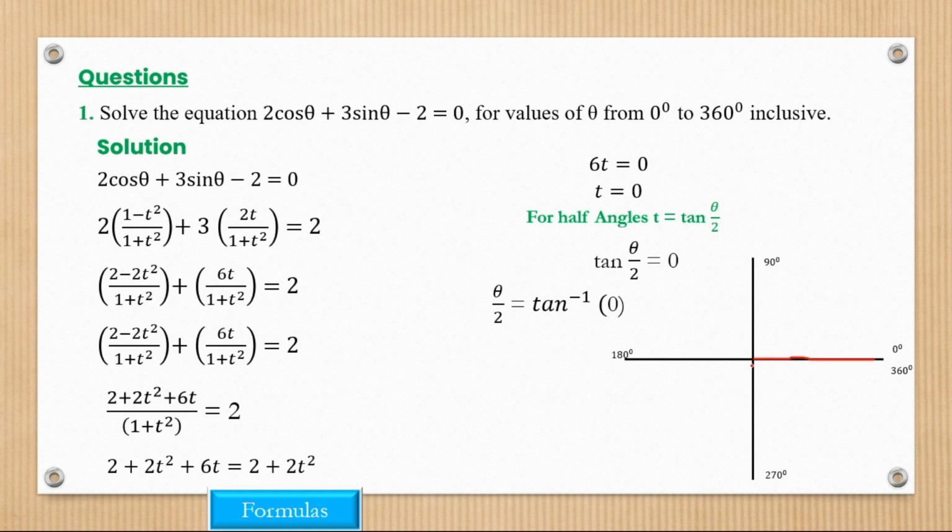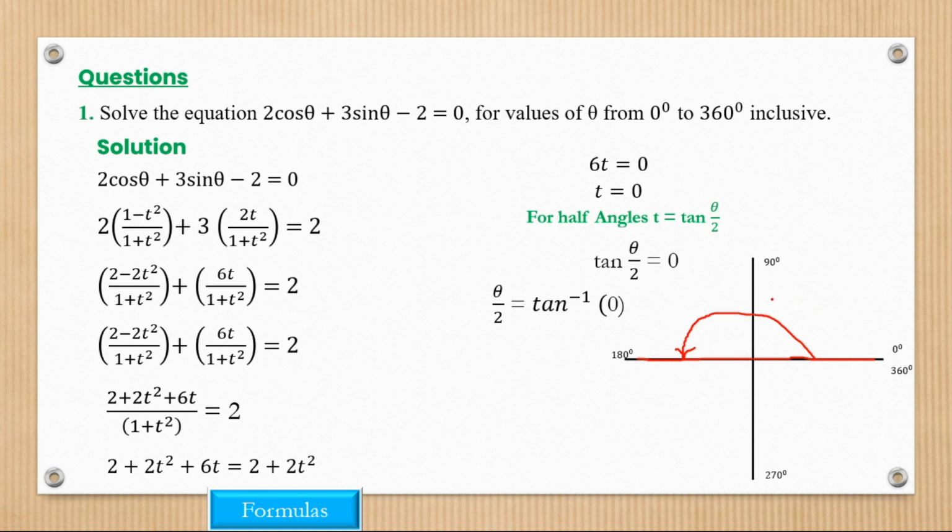Then we also have a 0 in this region, but since we start counting from the horizontal line, we actually have it there. So looking at the region 0 to 360, our first value is 0 itself, and the next value is 180. So those are going to be the different values.